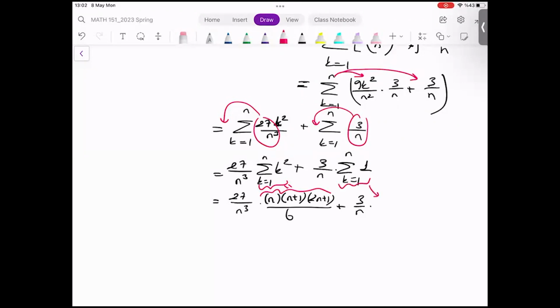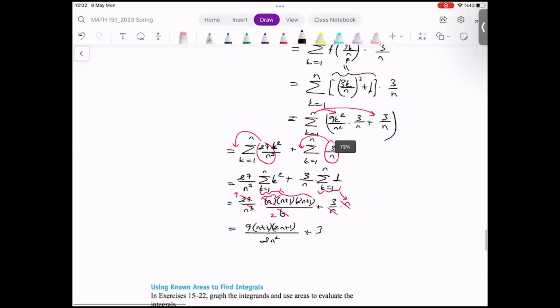So this should be just n, right? Okay, so the result for this sigma notation is, we have simplifications, of course. Divide by 3. Simplify these, and what we have at the end is 9, n plus 1, 2n plus 1 divided by 2n squared, plus 3.